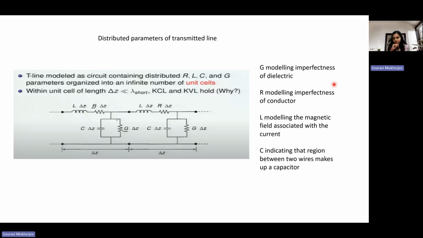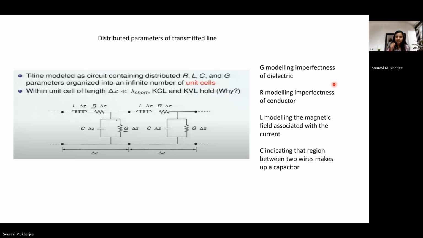Because these parameters are defined per unit length, and they can vary as you go along the transmission line. They can change as a function of position, and they are defined per unit length. So these parameters are distributed across your transmission line, and that's why they're called distributed parameters.